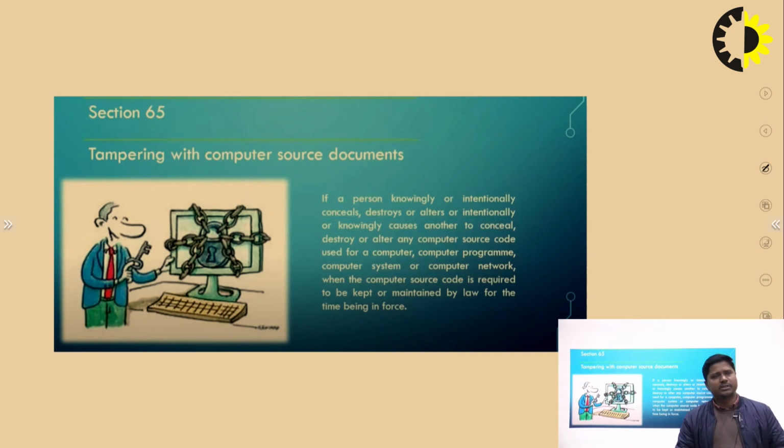So first is Section 65, which covers tampering with computer source documents, in which a person knowingly or intentionally conceals, destroys, or alters the computer source code used for a computer program, computer system, or computer network.